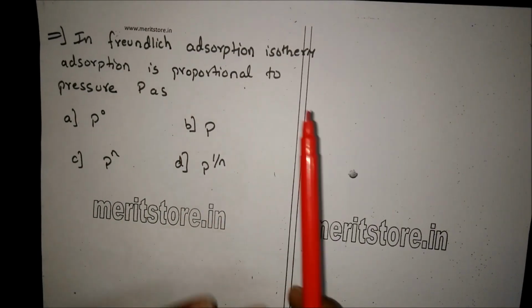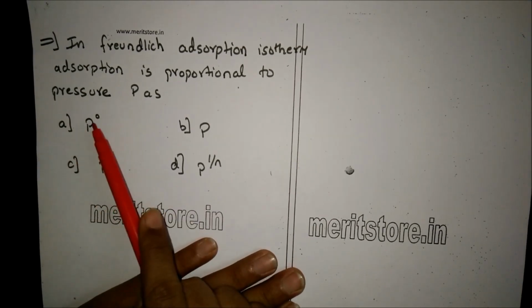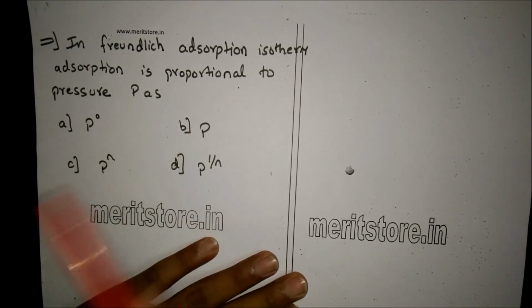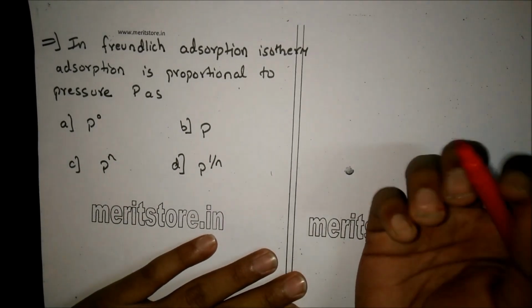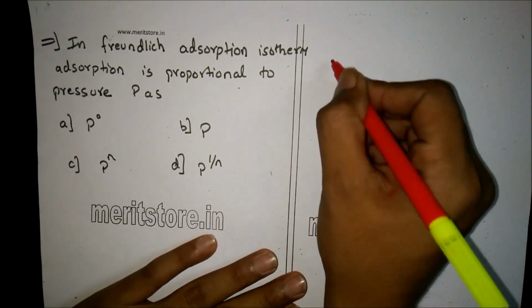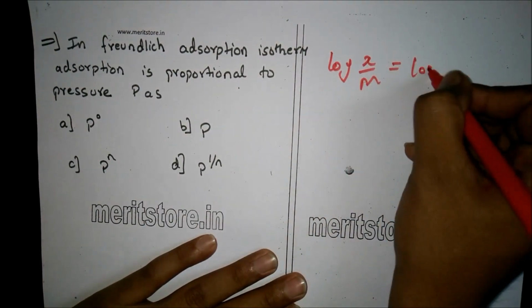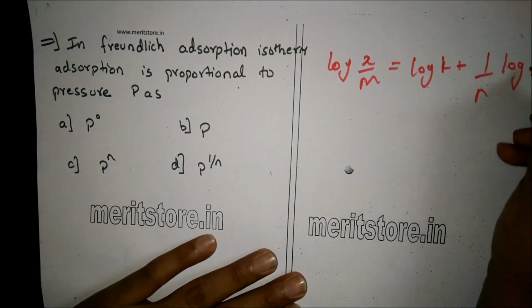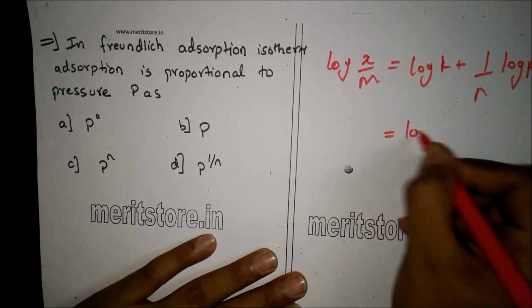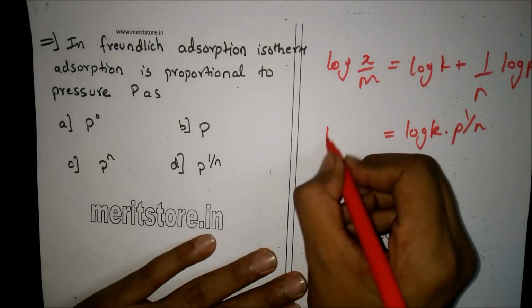In Freundlich adsorption isotherm, adsorption is proportional to the pressure P as: A, P raised to 0; B, P; C, P raised to n; and D, P raised to 1 by n. Now, adsorption isotherm is given as log of x upon m is equal to log k plus 1 by n log p, which is equal to log k into p raised to 1 by n.